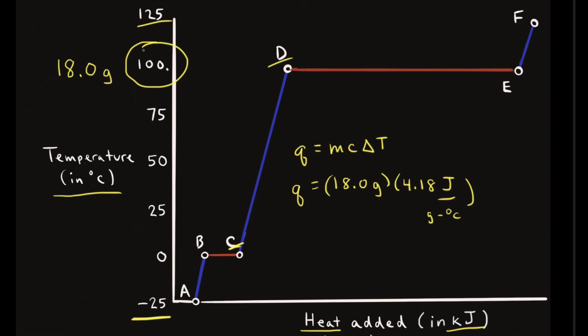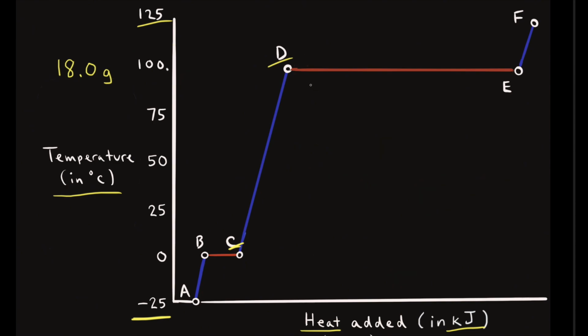So 100 minus 0 gives us positive 100 degrees Celsius. So grams cancel out, degrees Celsius cancels out, and we find that Q is equal to 7.52 times 10 to the third joules, which is equal to 7.52 kilojoules.